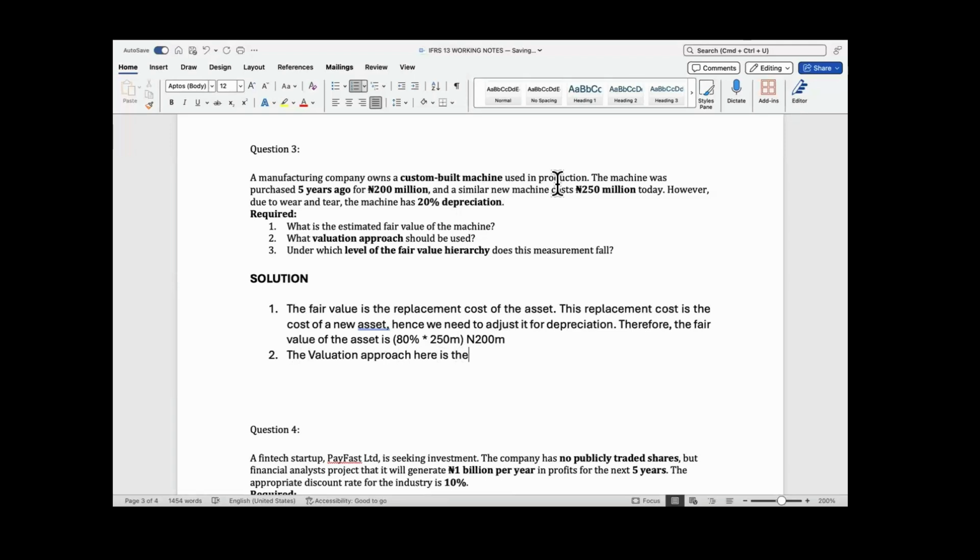Instead of going that long route, I just did 80%. When they say something is depreciated by 20%, it's remaining 80%. So you can do your own like that, it still gives you the same answer. You get the depreciation, which is 20% of 250 million. Whatever you get, take that away from 250 million. You can do it like that, so it's okay.